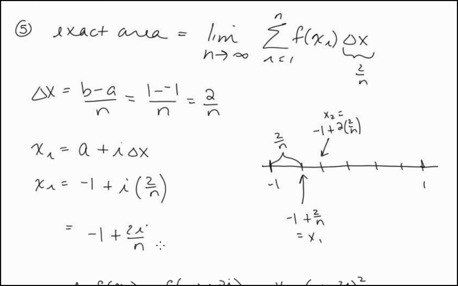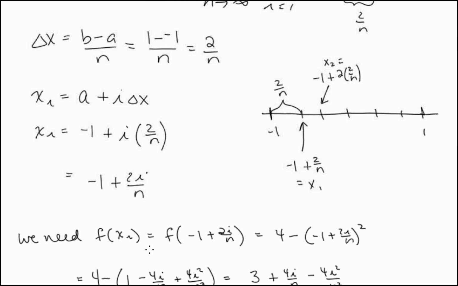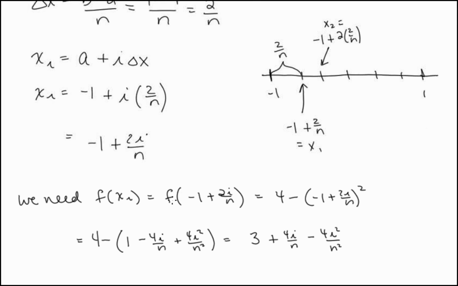Now what do we need? We need f of xi. So let's take this expression for xi and plug it into f. So we have f of -1 plus 2i over n, which is 4 minus (-1 plus 2i over n) quantity squared. Now let's simplify this by multiplying out. So multiplying out, we have a +1.